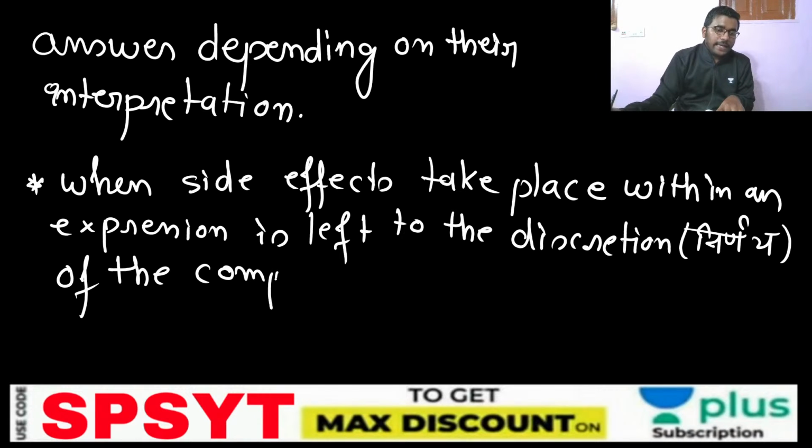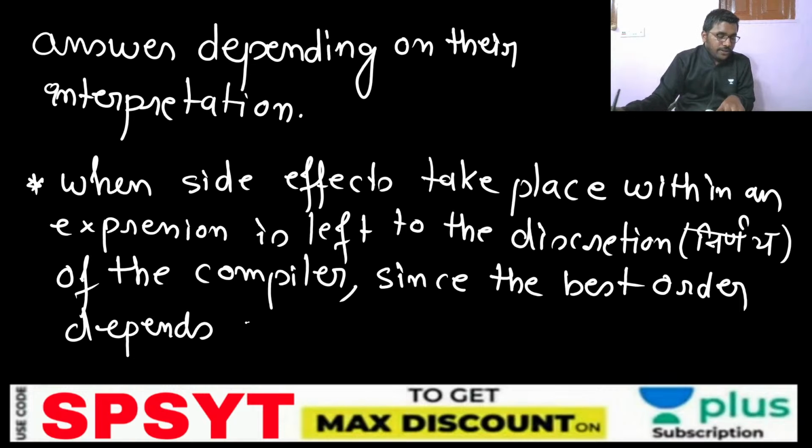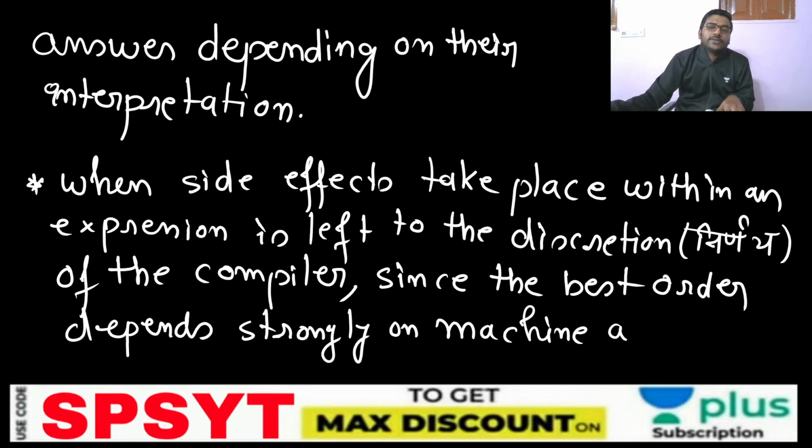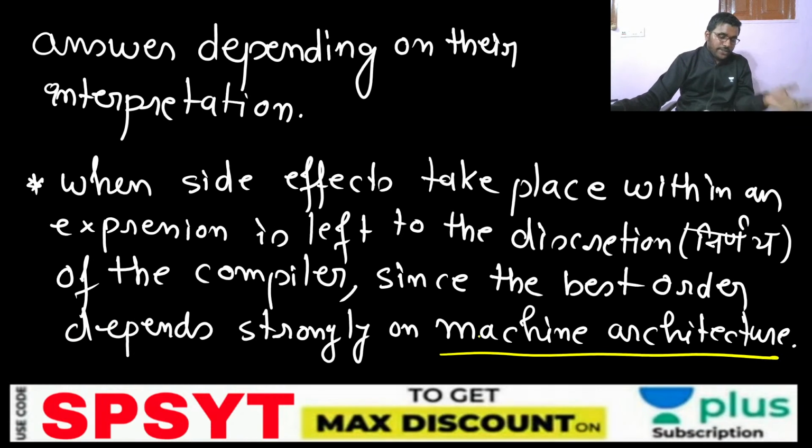Whenever side effect happens, like in function call or increment and decrement, it is given to the compiler to decide. So it is machine dependent, since the order strongly depends on machine architecture. Whenever any side effect is happening, you will not be able to give the answer. Different machines will have different results.